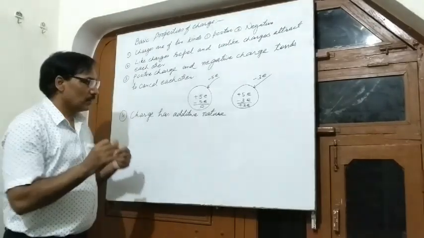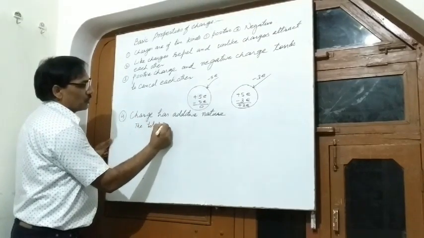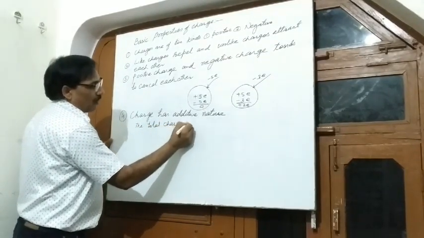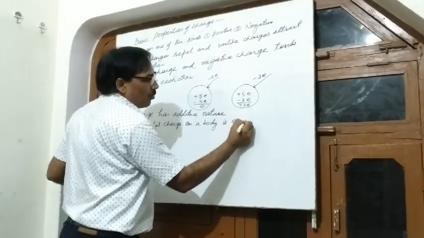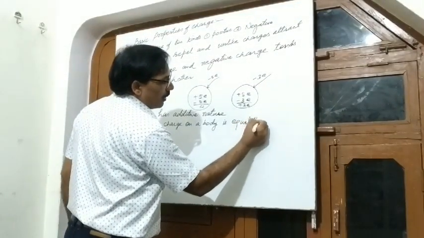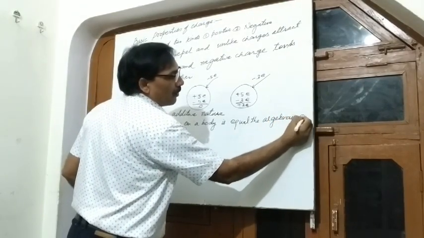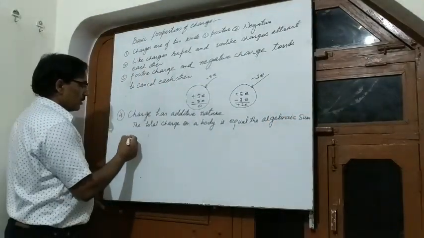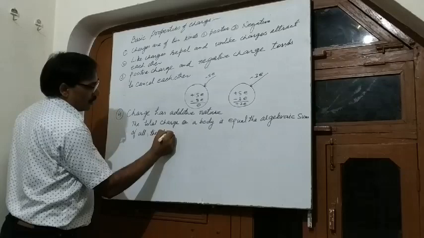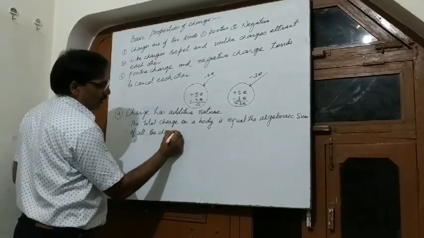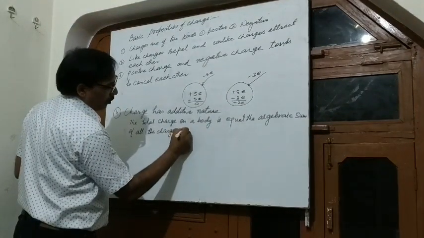It means the total charge on a body is equal to the algebraic sum of all the charges on the body.